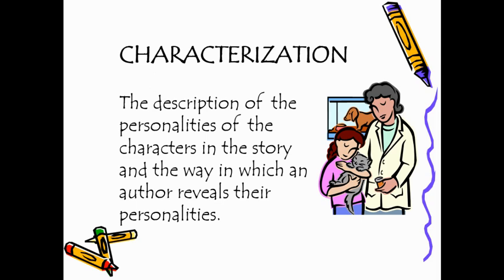So if you think about perhaps Lenny in Of Mice and Men, the author used different adjectives, similes, and descriptions so that we could understand what Lenny was like. He described him as childlike, which made us understand that he was quite innocent. So that is how characterization works.